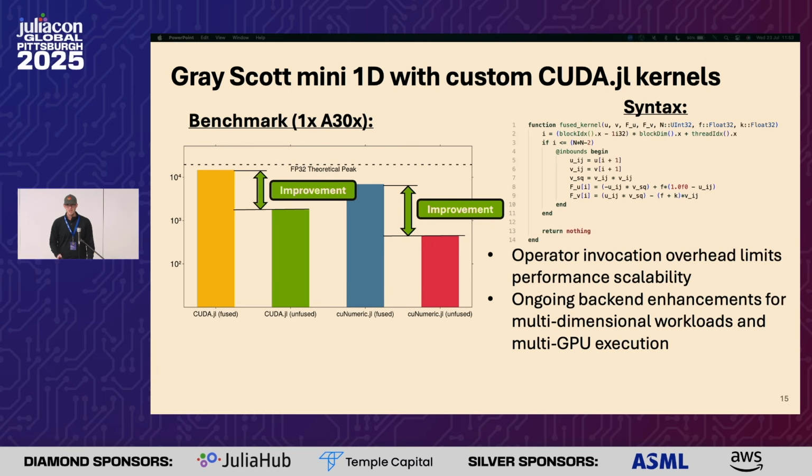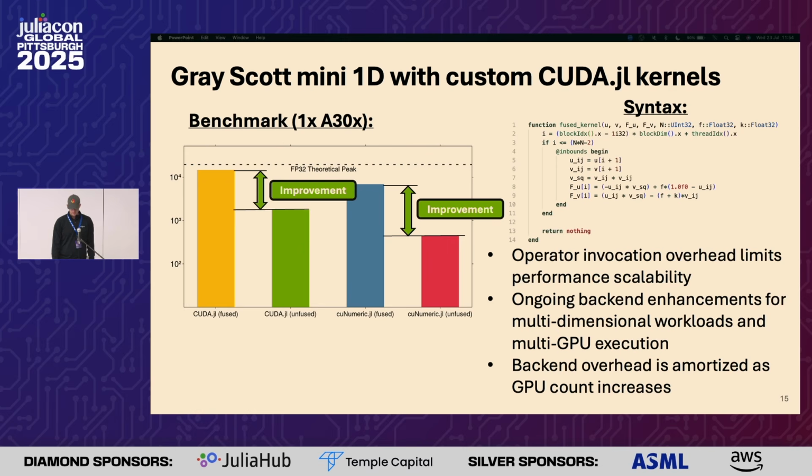Multi-dimensional support is not prevalent yet within the custom CUDA registration. So there's ongoing backend enhancements to support the multi-dimensional cases and also multi-GPU execution. The reason we have a bar graph is this is only on a single GPU, unfortunately, right now. But by the time we release this package to the public, this should be able to scale to multiple GPUs.